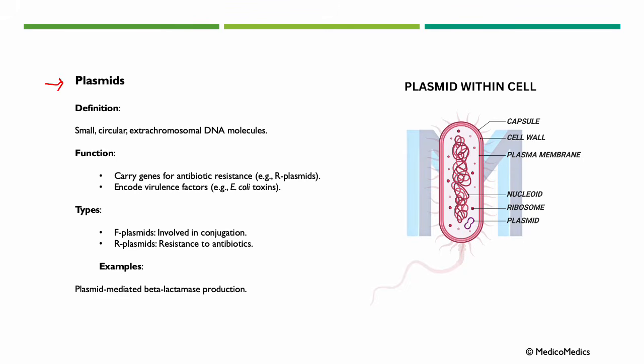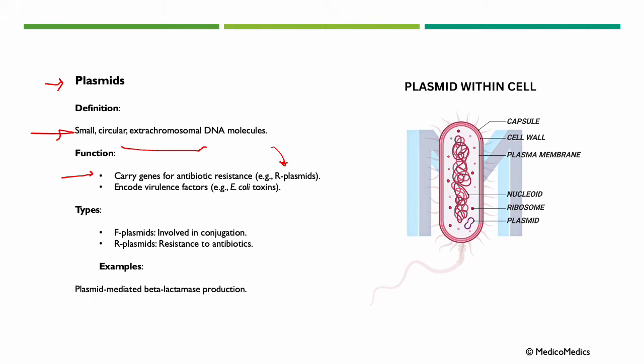Now, what are plasmids? These are small, circular, extrachromosomal DNA molecules, and these exist independently of the bacterial chromosome. These plasmids often carry genes that provide bacteria with selective advantage, including antibiotic resistance, like R plasmids.